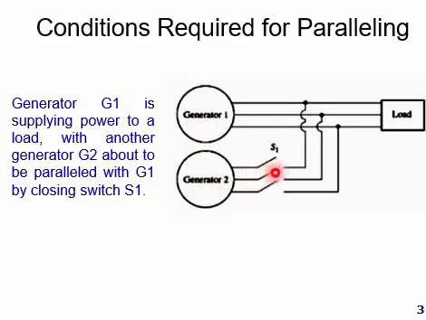It will be connected as soon as switch S1 closes. So generator G1 is supplying power to a load with another generator G2 about to be paralleled with G1 by closing switch S1. As we close switch S1, G2 would be paralleled with G1.